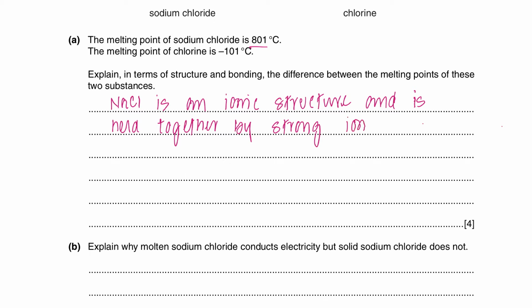We know there are ionic bonds, and ionic bonds are generally strong, but in this context we also have to emphasize that they're strong. That's why it takes a lot of energy to melt it, to separate the ions. Strong ionic bonds.